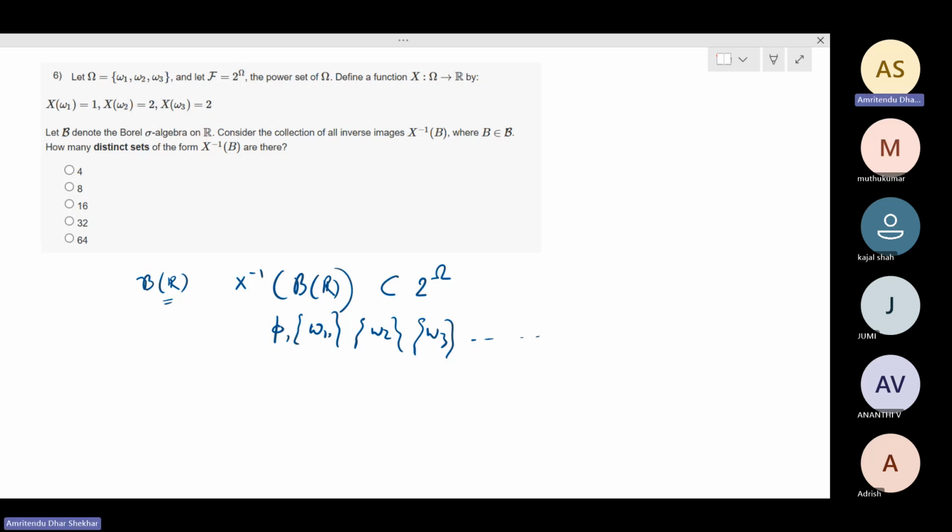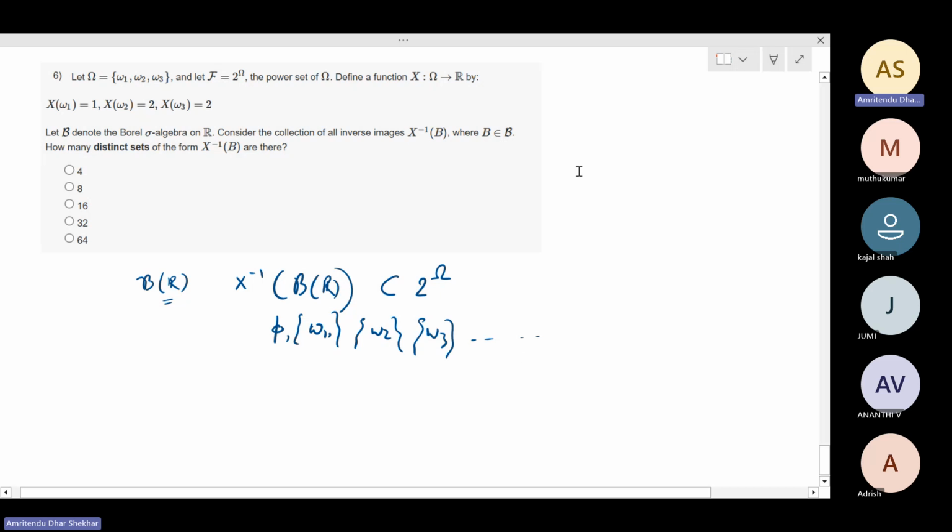And in that power set, you check which of the sets can be an actual inverse image, right?